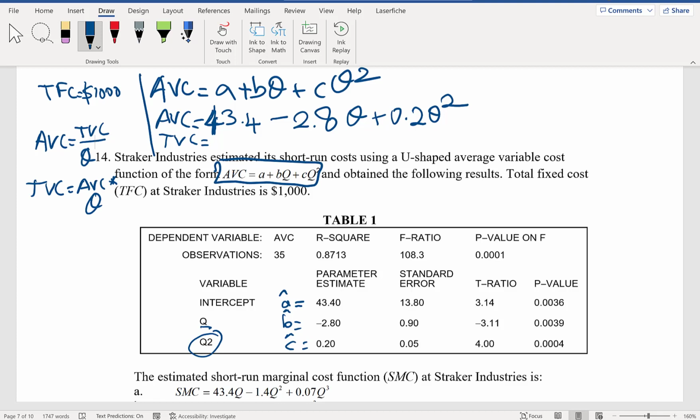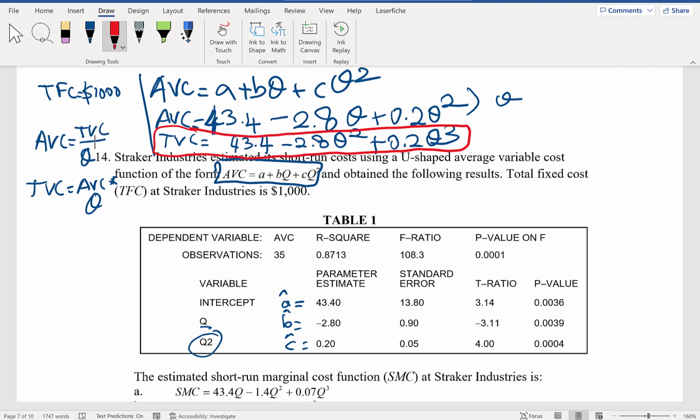Multiply the whole thing by quantity and you get 43.4 Q minus 2.8 Q raised to the power 2 plus 0.2 Q raised to the power 3. You don't need to do any of this; I just love to teach you at the same time while we're working on a question. So I multiplied everything by Q to get total variable cost.